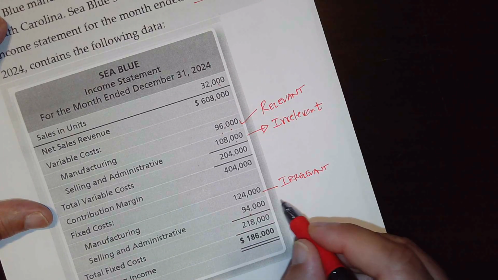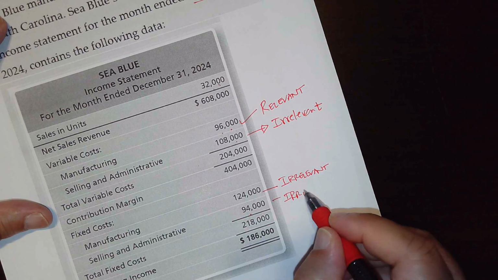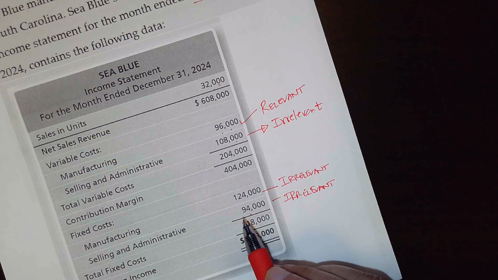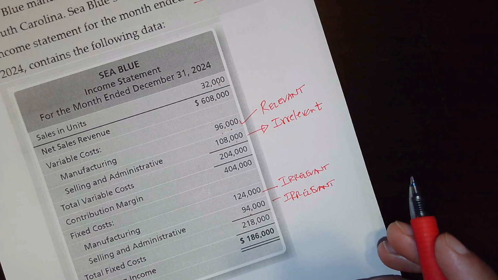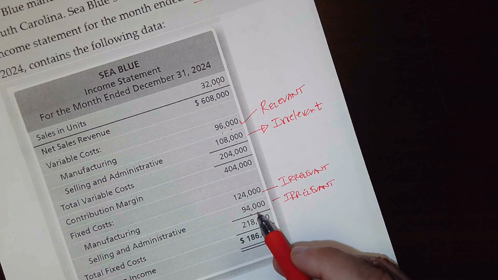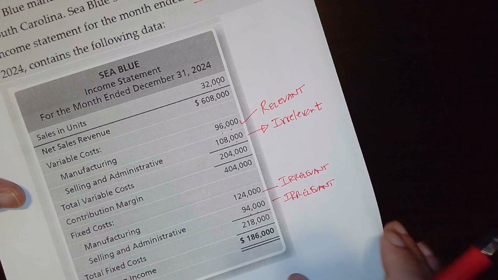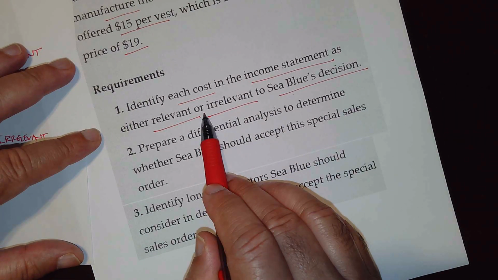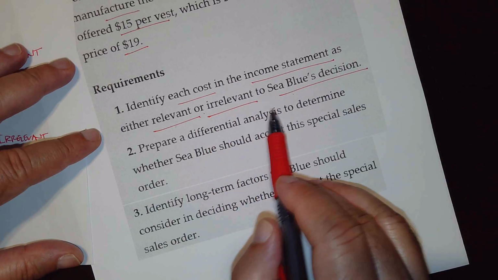The $94,000 would also be irrelevant because it does not matter whether you make 32,000, more, or less, there will always be $94,000. So that's the answer for the first question, which costs are relevant and irrelevant.